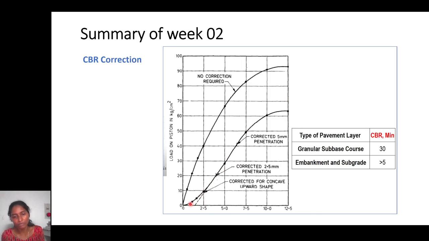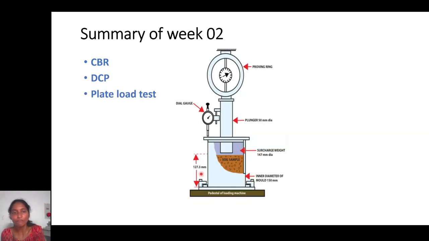That is concave. It actually indicates that initially when we start applying the load from the plunger to the soil, we will be applying some seating load, right? We give that seating load in order to make sure that there is a proper contact between the soil and the plunger, so that immediately when I start applying the load, it will not be an impact.